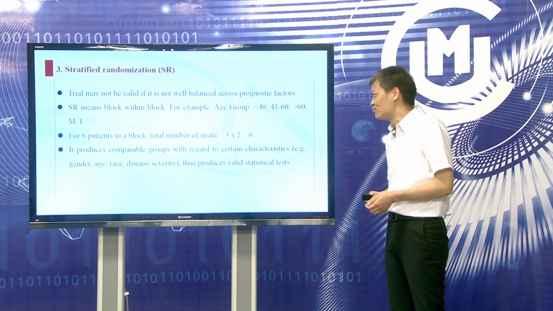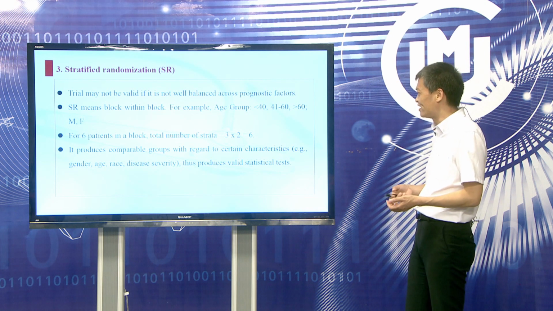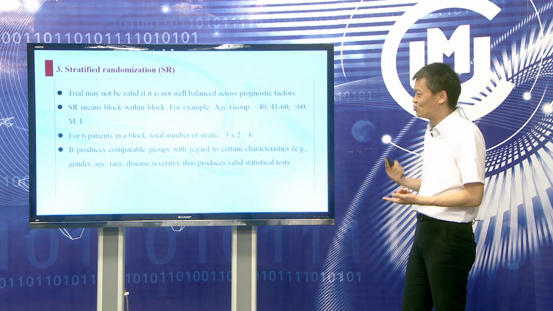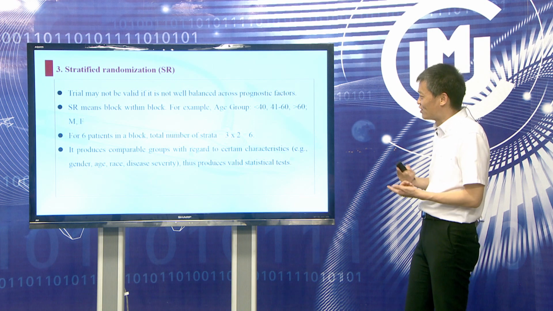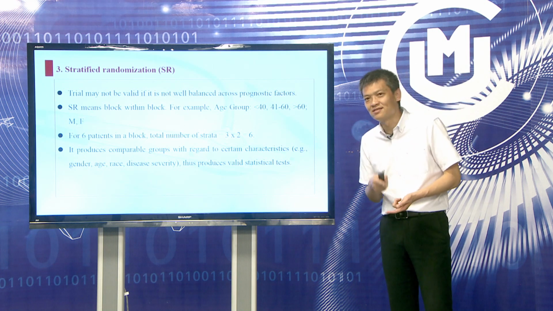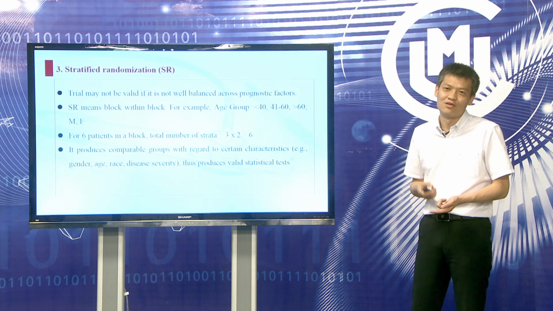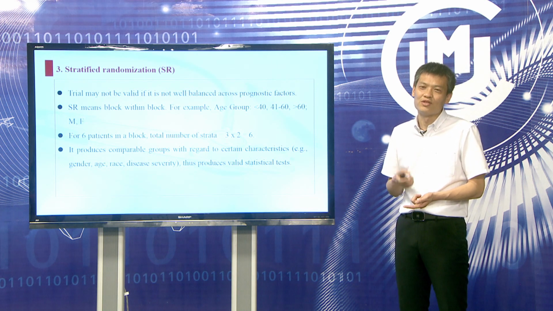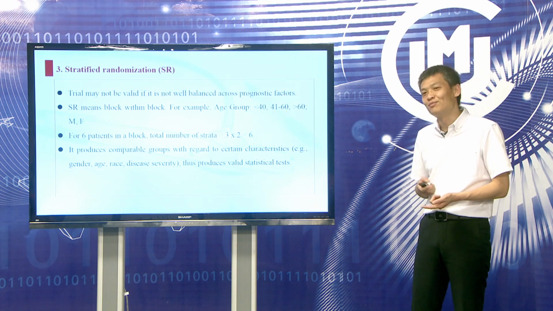It produces comparable groups with regard to characteristics such as sex, age, race, and disease severity, and thus produces valid statistical tests. Remember, the statistical method for stratified randomization is very complex.